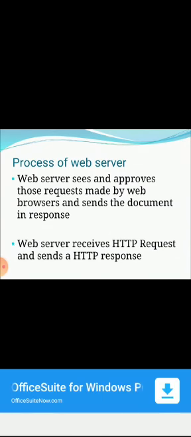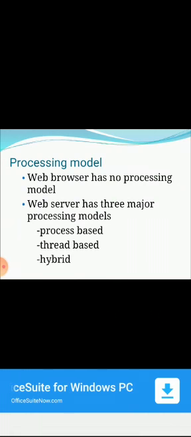A web browser has no processing model, but a web server has three major processing models. One is the process based model, another one is the thread based model, then the hybrid based model. There are three major processing models in a web server.